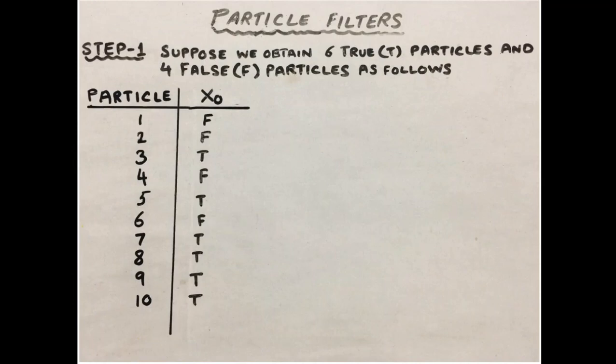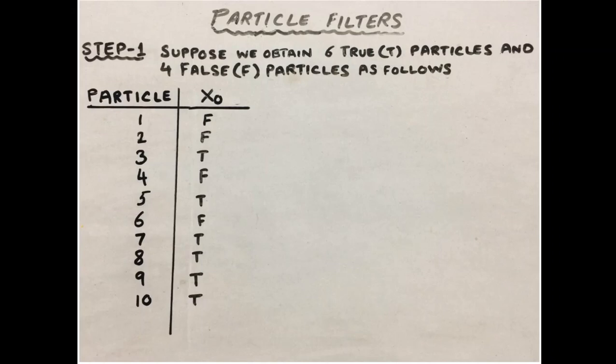I have listed 10 particles. These are obtained from sampling the state variable at time t equal to 0. As you know, x0 could be true or false with equal probability, 0.5.